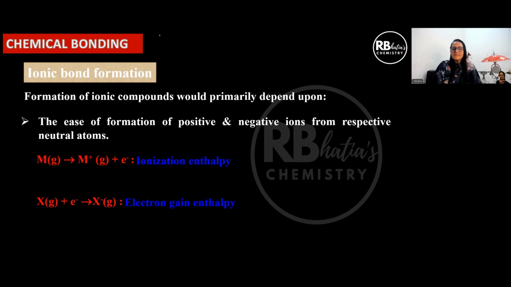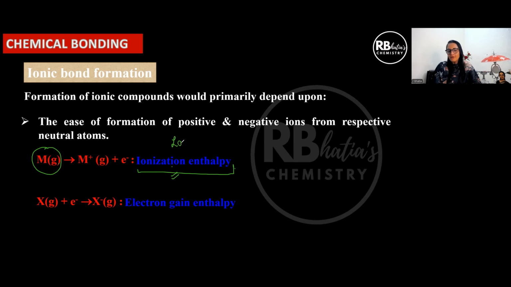And what is the energy required to make a positive ion? The amount of energy required to remove the most loosely bound valence electron from an isolated gaseous atom is called ionization enthalpy. The definition we studied in detail in the periodic chapter, right?